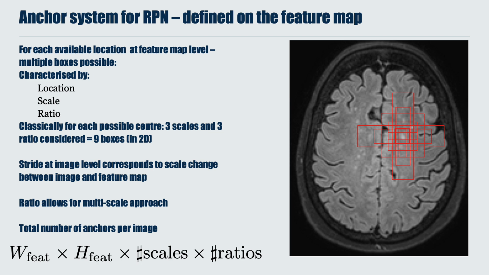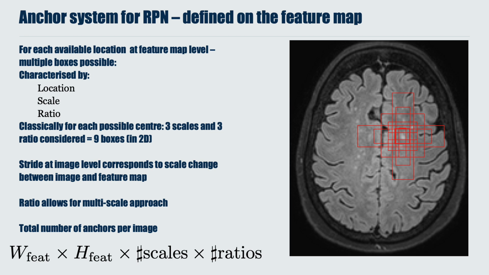You may actually try to choose a stride between the different anchors based on the image level, so that your change corresponds to the scale change between the image and the feature map. And the ratio is what allows you a multi-scale approach, because as you see on the image on the right hand side, this is for a single location, and you have boxes that are very extended and also have quite different shapes in terms of the ratio between the height and the width.